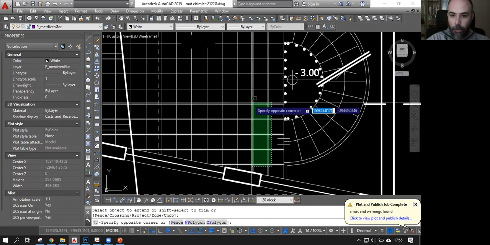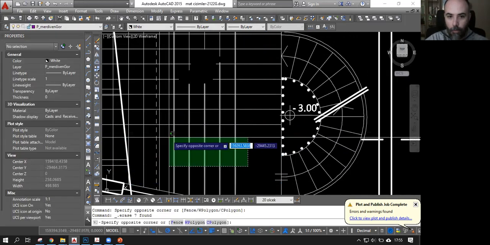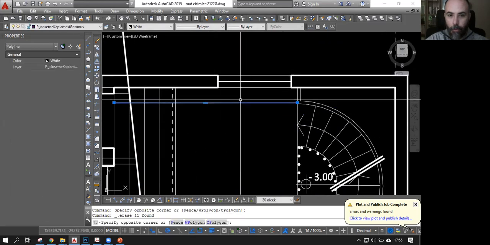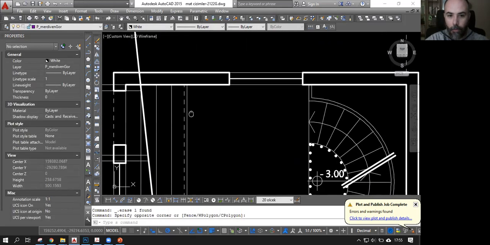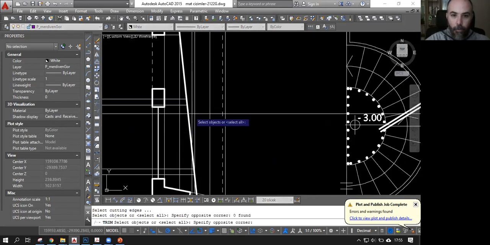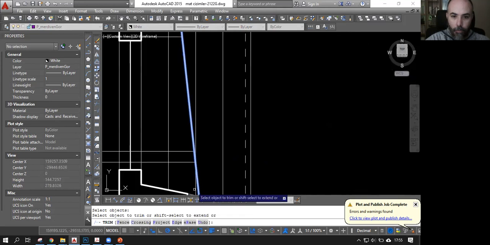And I don't see these lines anymore, because these are the lines of the ground floor. However, now when I look down, I will be looking at the first floor, the upper surface of the first floor.